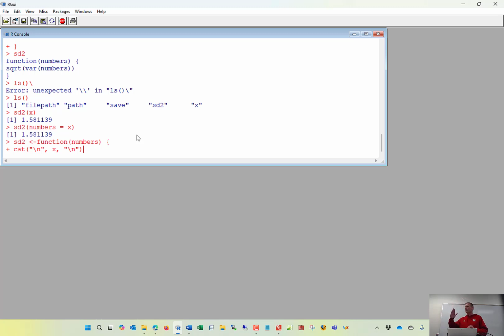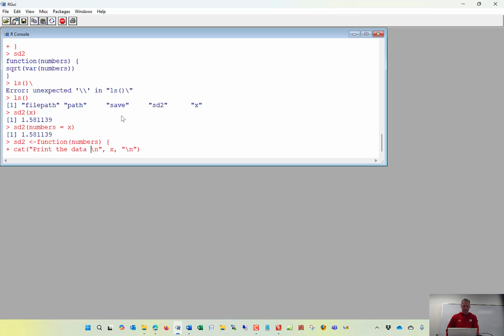Has anyone ever seen that before in R? What does it do? Creates a return. It basically goes down to the next line. Yeah. And so if I say quote slash n, there's a special name for that, and I cannot remember what it is. I apologize. But I have that within quotes. If I wanted to, I could do this.